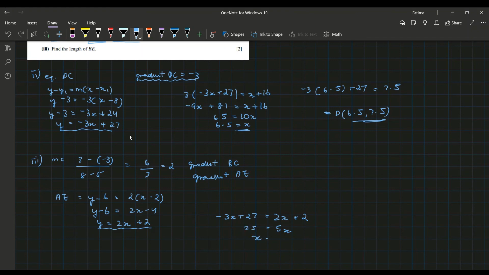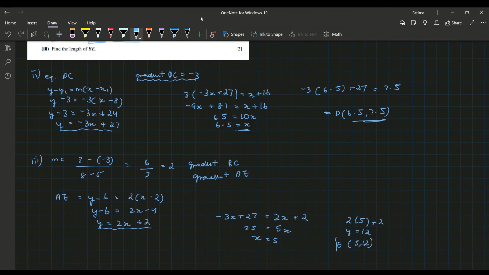So x would therefore be 5. And when I substitute that into either one of the equations, let's take the second equation, AE, that'd be 2 into 5 plus 2, so that's 12 for y. So essentially the coordinates of E would be 5, 12.